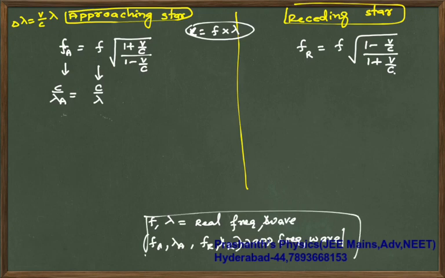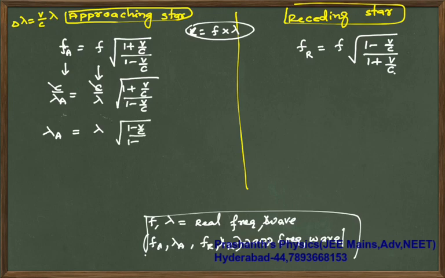Now let us get this expression. From here I can write it as (1 plus v by c) under root whole divided by (1 minus v by c), and c will go off. Rearranging the terms, lambda a is lambda times under root (1 minus v by c) by (1 plus v by c), which can be written as lambda times (1 minus v by c) whole power 1 by 2 by (1 plus v by c) whole power 1 by 2.